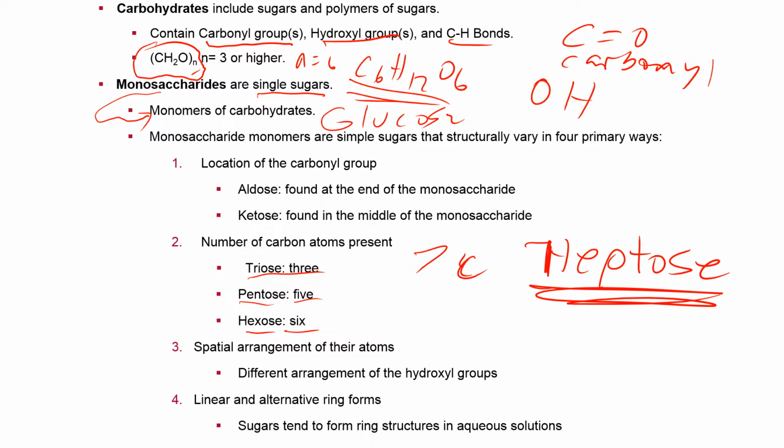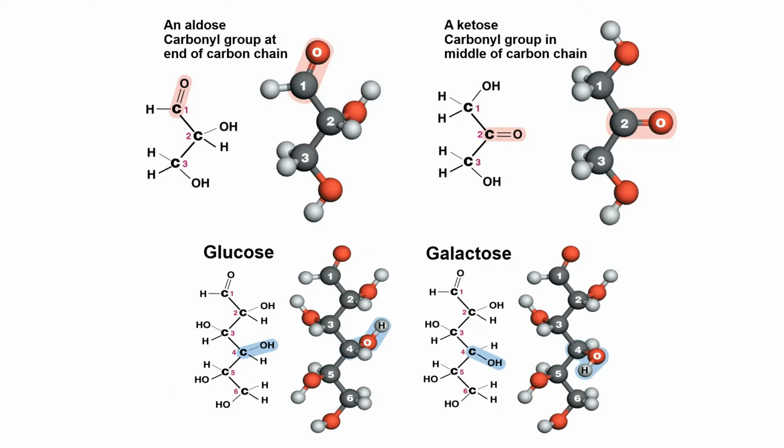Looking at aldose and ketose, recall that your aldoses have a carbonyl group at the end of the molecule, while your ketose has the carbonyl group within the backbone structure.